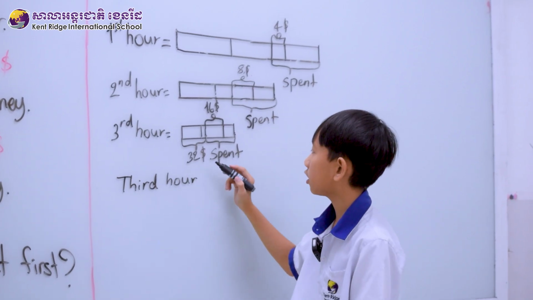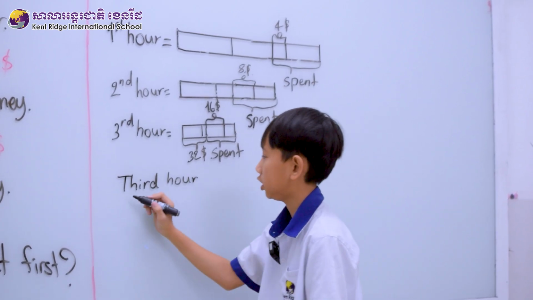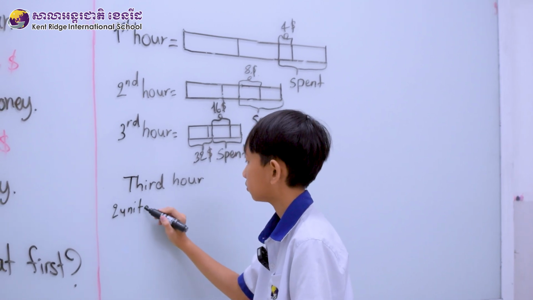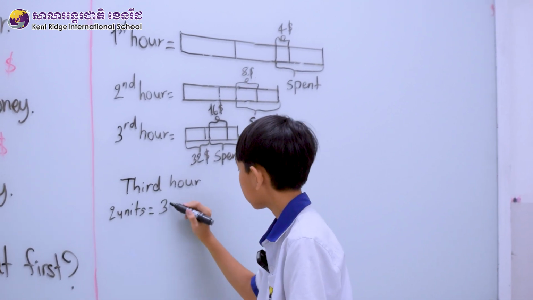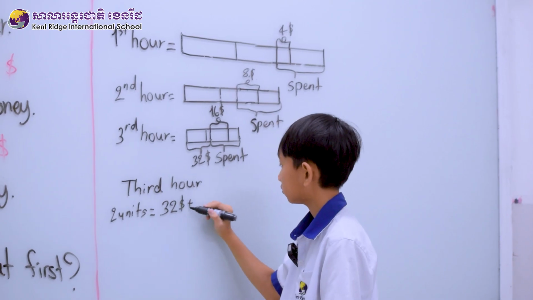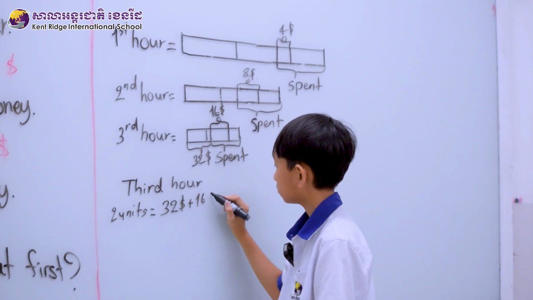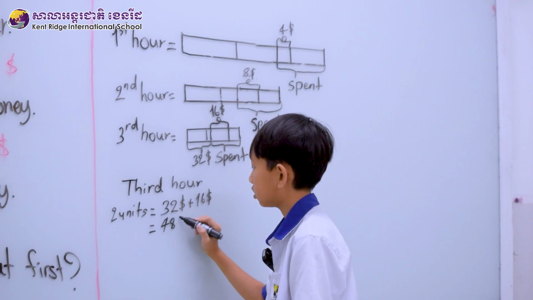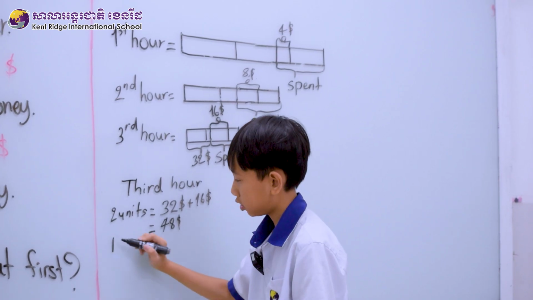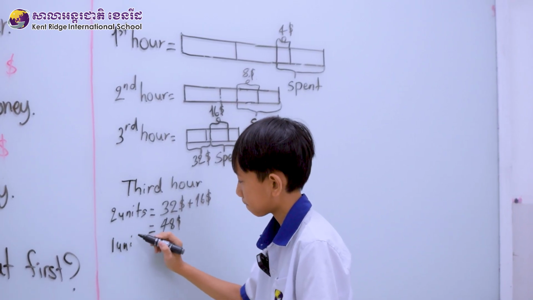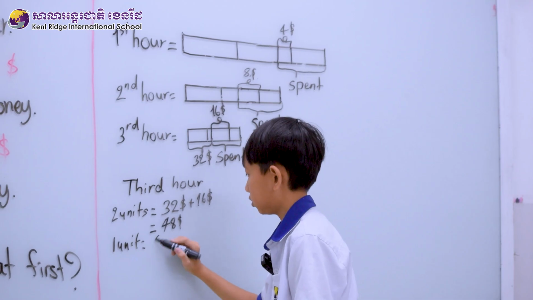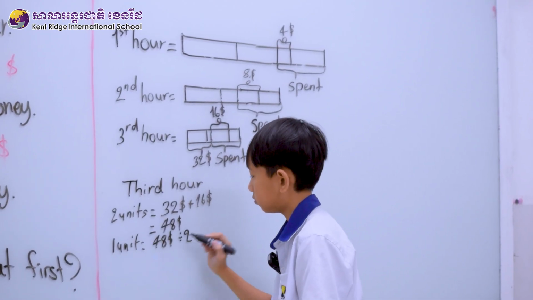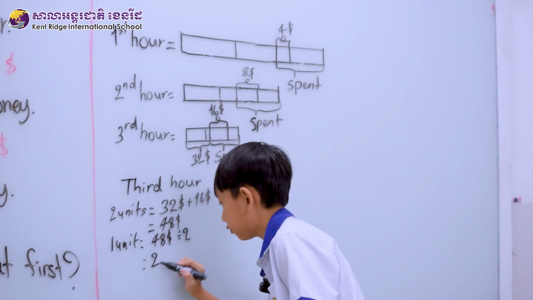Now we have to find 2 units in the third hour, which is equal to 32 plus 16, which is equal to $48. Now we have to find 1 unit, equal to $48 divided by 2, equal to $24.